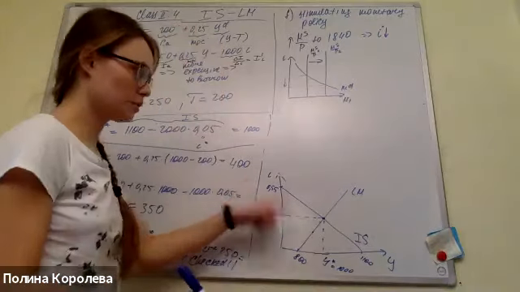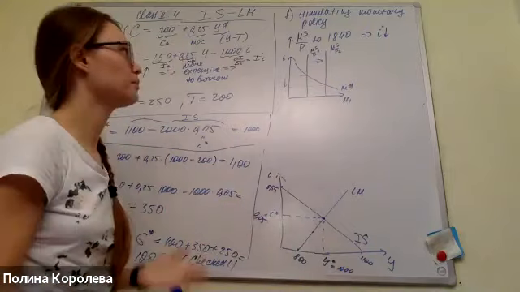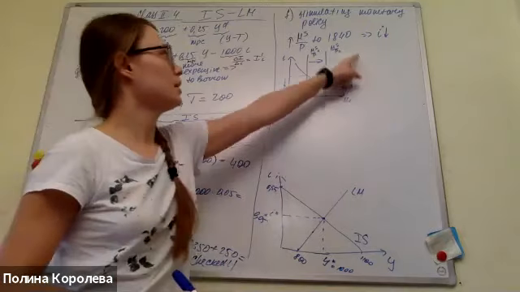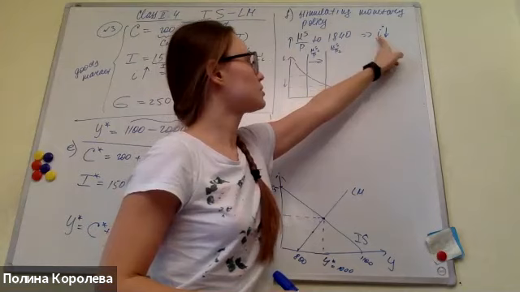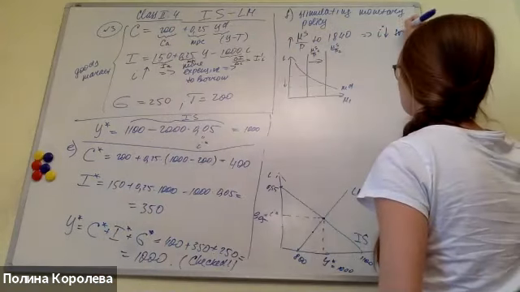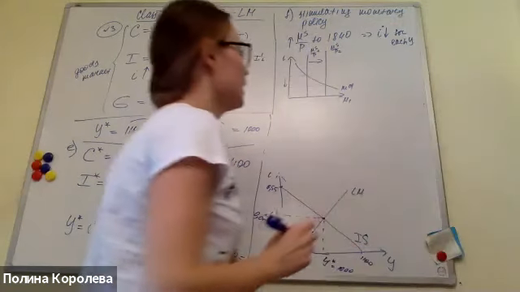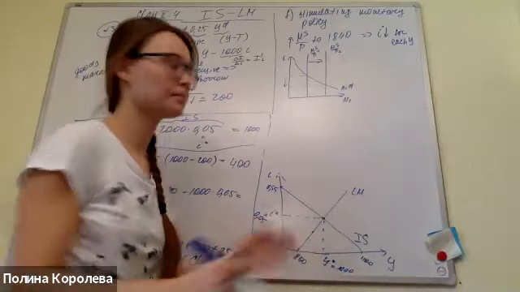And when we cross IS-LM, we find both, the two equilibriums in the goods and money markets. So if in the money market the interest rate decreases, that is true for each GDP. And what is happening with LM?